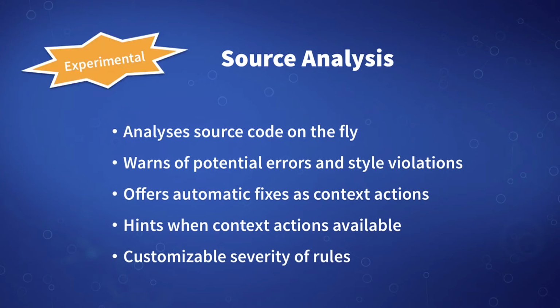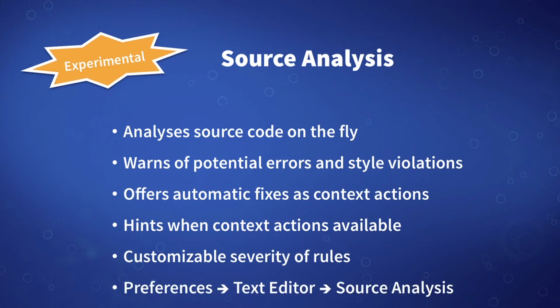It is experimental. This is not an official feature yet, though pretty much everyone I've told who's found out about it and has turned it on has stuck with it. It's very useful. But because it's experimental, it's not on by default. You do have to go and turn it on in Preferences.